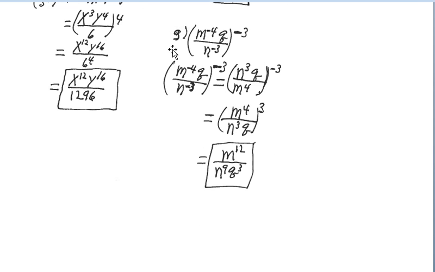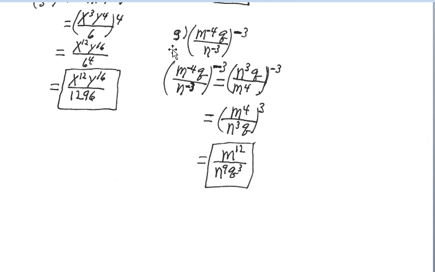And finally to G. Here we have m to the minus 4 power times q divided by n to the minus 3 power, all raised to the minus 3 power. First, what we can do is we can take this expression and simplify the expressions inside so there are no negative exponents.